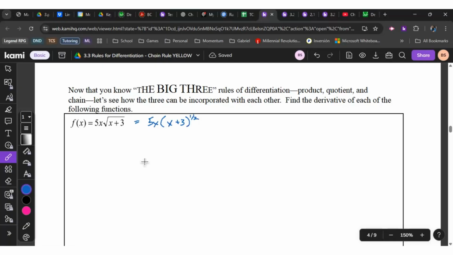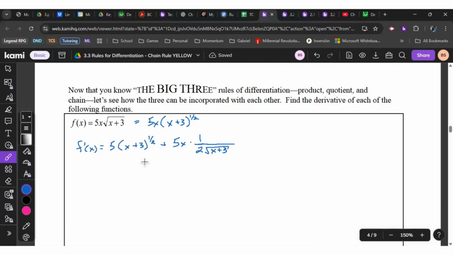Okay, so let's go ahead and do that now. So f prime of x, derivative of the first is 5. Second function stays exactly the same. Plus the first function times the derivative of the second. So it's going to be 1/2. And instead of putting x plus 3 to the negative 1/2 on the top, I'm going to put it on the bottom, right?